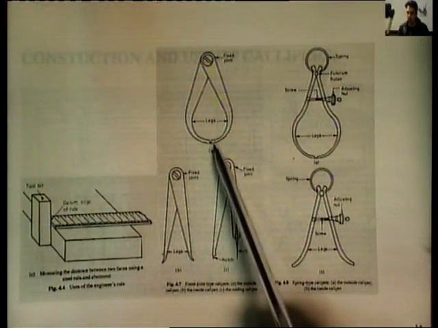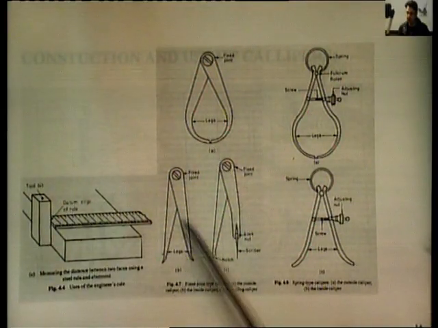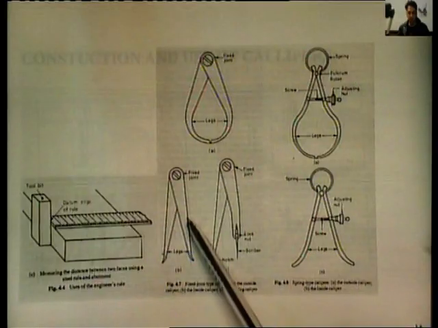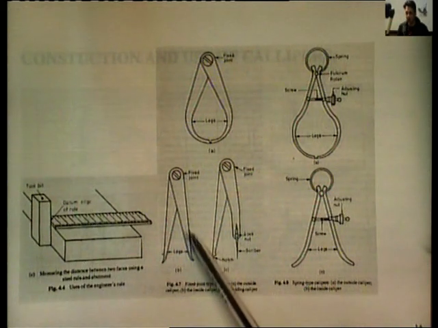So, this is for male measurements, and this one is the outside caliper, which is used for taking the dimensions of holes or gaps or slots. So, this measures the distance between two faces or the diameter of a hole.